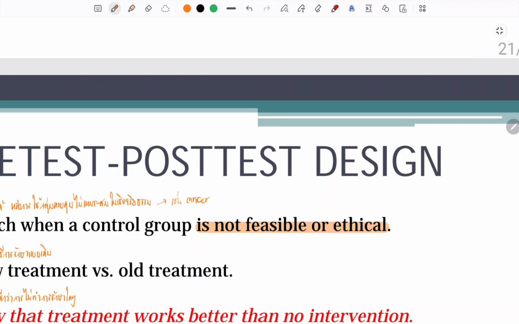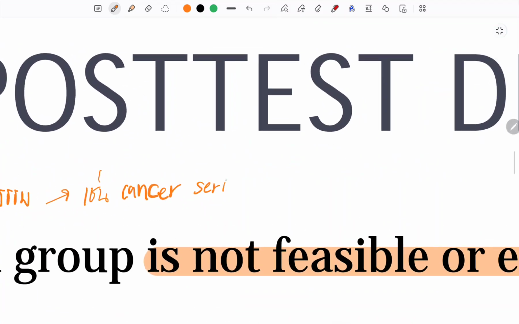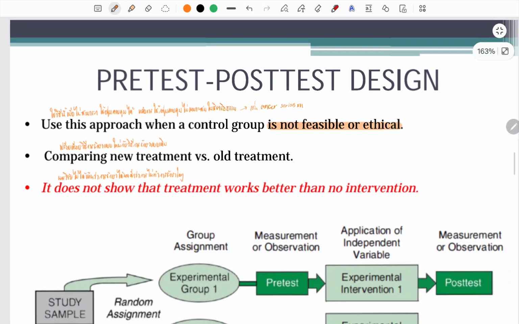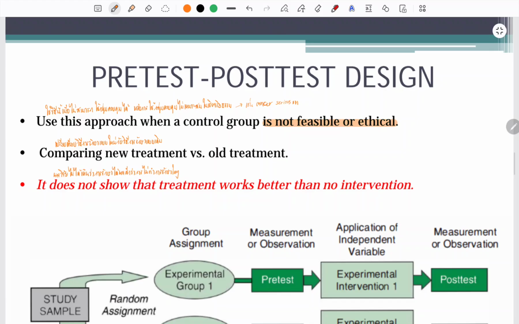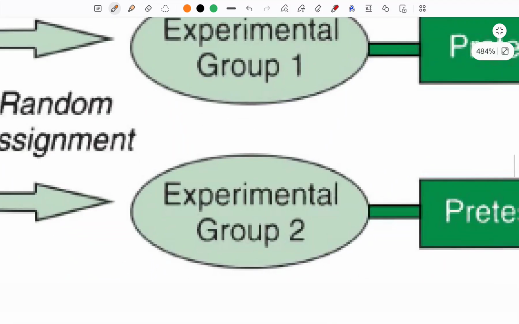It means that at least the group that participated in your study should receive the medicine that they would have. So that's why the pre-test, post-test design will have no control group, because in some cases it is unethical not to give treatment.